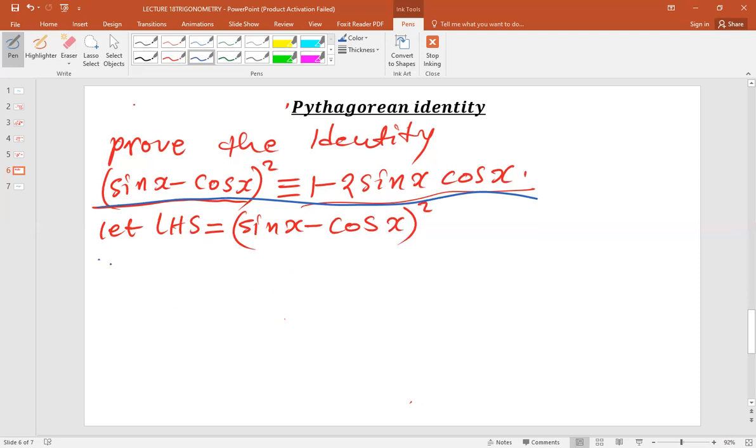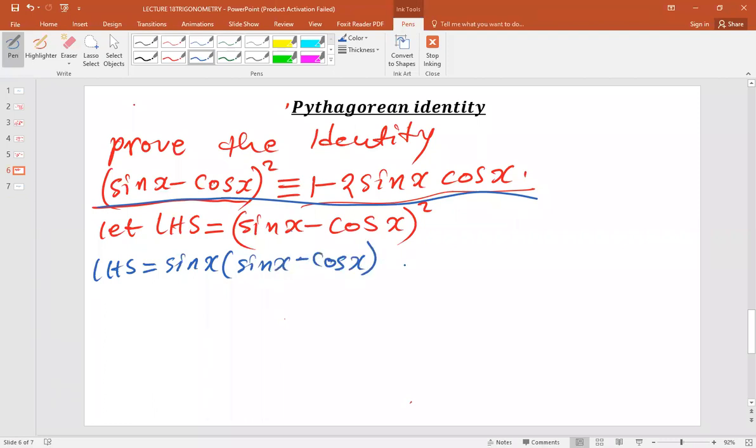the left-hand side is now equal to, so sin x minus cos x, when I square this is just going to be sin times sin. In other words, this sin x will multiply with everything there, which is sin x minus cos x.